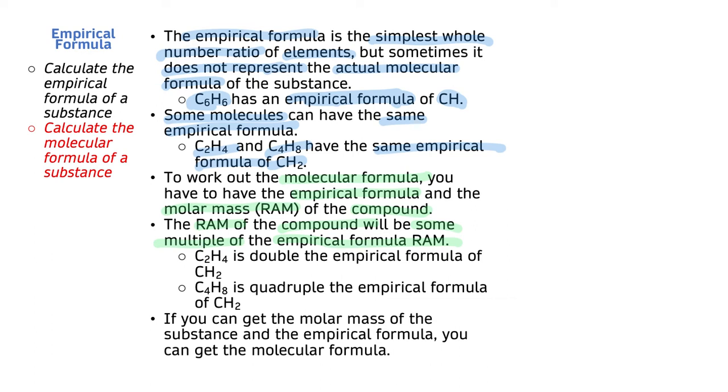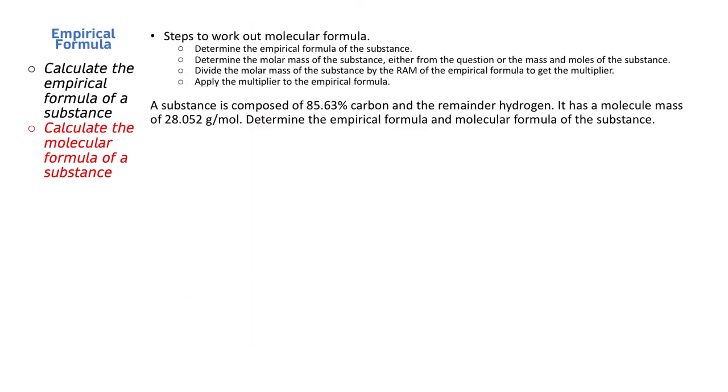So C2H4 has the empirical formula of CH2, but C2H4 is double the empirical formula. But C4H8, which again has the empirical formula of CH2, is quadruple the empirical formula. So it's some sort of multiple of the empirical formula, right? And we're going to use that to our advantage. So if you can get the molar mass of a substance and the empirical formula, you can work out what that molecular formula is. Okay, so let's have a look.